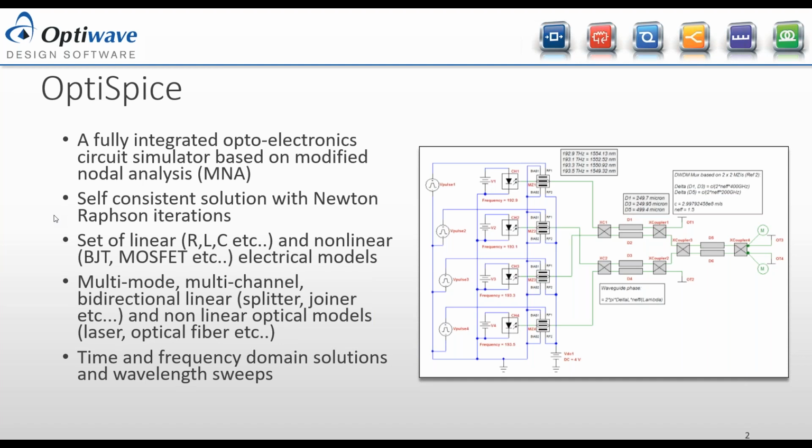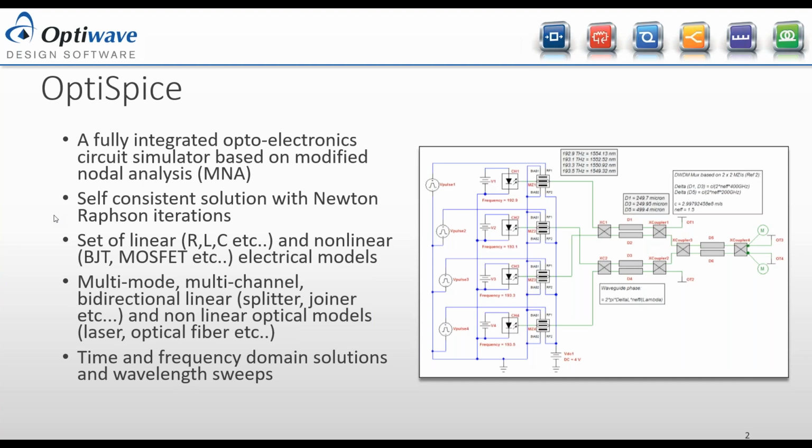Every optical signal has its own mode, its own channel, and they're bidirectional, and each is associated with a phase. Every optical component in OptiSPICE can handle multi-mode, multi-channel interactions, and is also bidirectional.